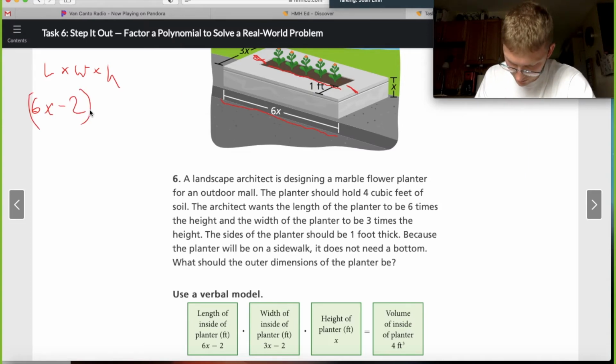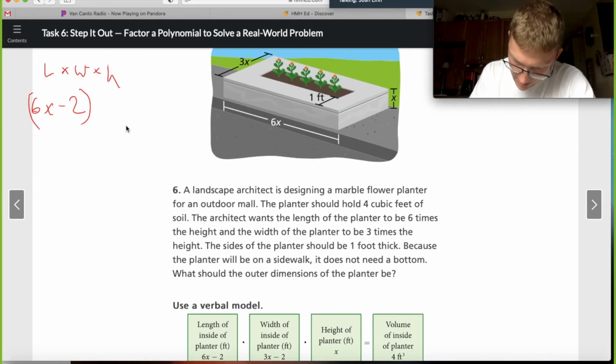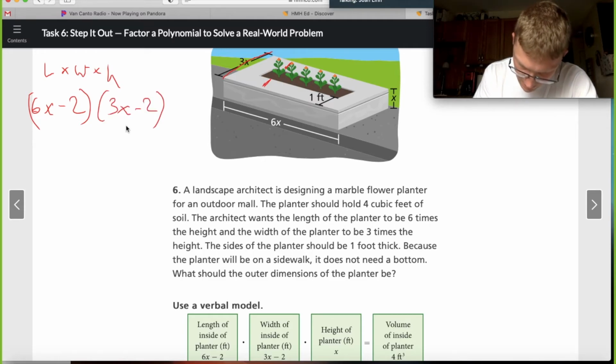Okay, so we use that same logic to find the width. Let me scroll up here a little bit. Our width right here is again 3x, but we've got 1 foot there and 1 foot there. So that's going to be 3x minus 2.